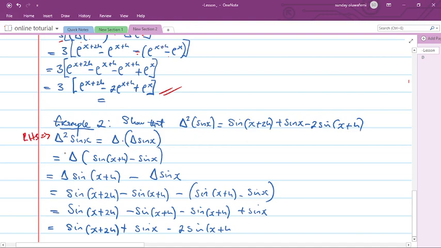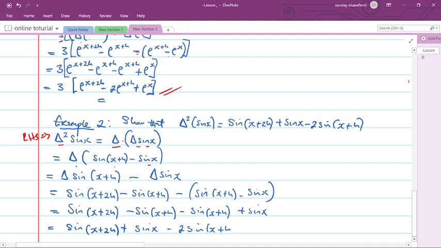Following the same method we used in example 1, we split this second order into 2. We have the forward difference times the forward difference of sin x. So by the time you find the forward difference of sin x, you have a step forward, that is sin of x plus h minus sin x.